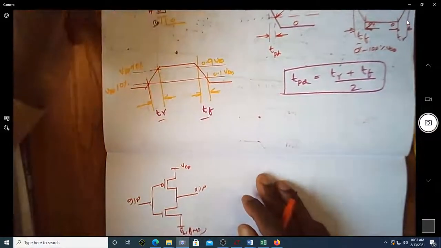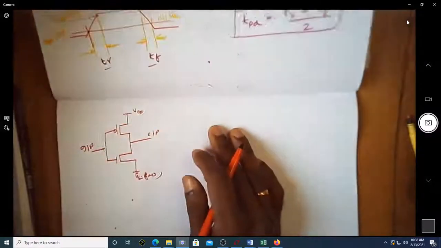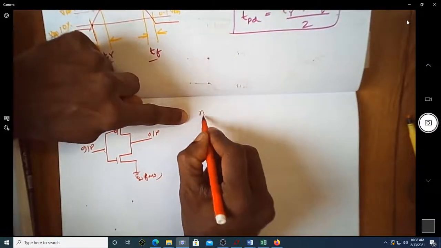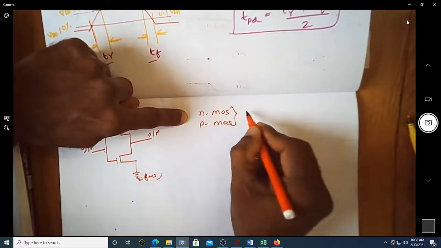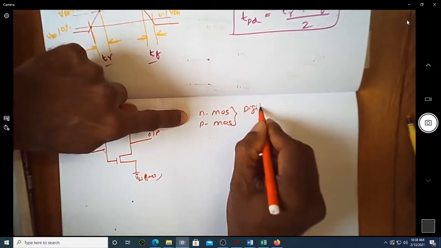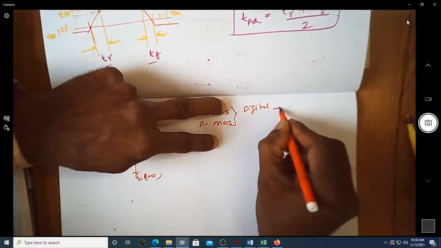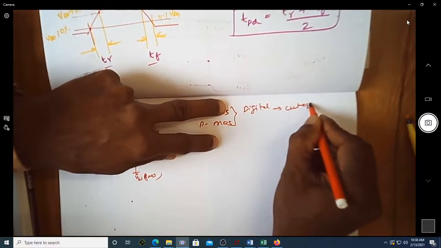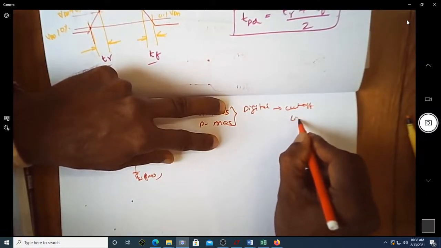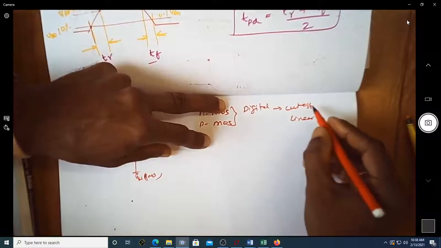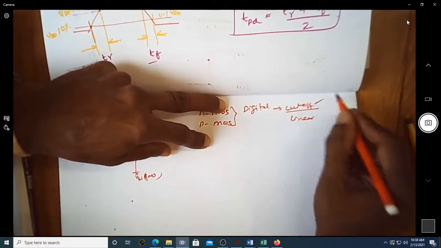Before we actually go into the inverter, we know that MOSFETs, whether NMOS or PMOS, in case of a digital operation, will be either in cutoff mode or in linear mode. If the MOSFET is off, we consider it in cutoff region.